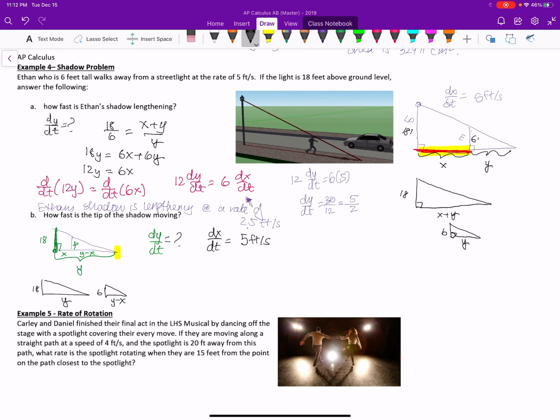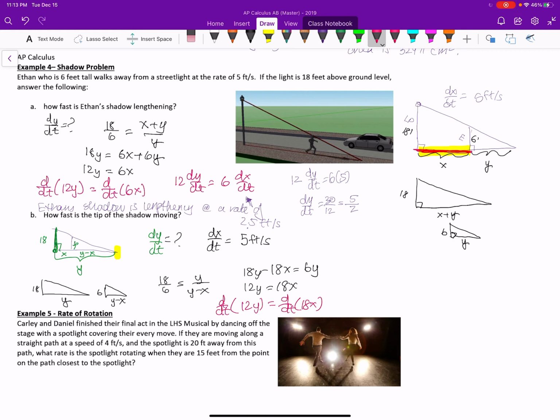So then we're going to set up the ratio again. We could do 18 over 6 is equal to y over y minus x. Cross multiply, we get 18y minus 18x is equal to 6y. And then we end up with 12y is equal to 18x. Take the derivative with respect to time on both sides. 12y is equal to d/dt of 18x.